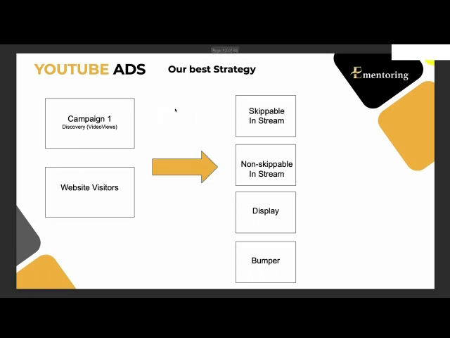If you have enough data, you can also retarget your website visitors with all those ads. So the skippable in-streams, the non-skippable in-streams, the displays, the bumper. So the main golden rule here is to make sure that your tracking is in place, so you'll be able to use YouTube ads efficiently to maximize your conversion.